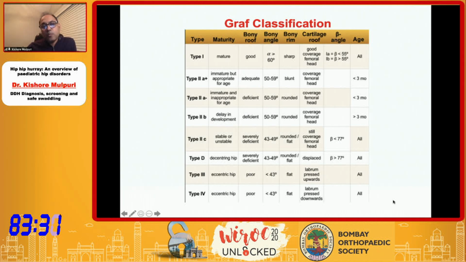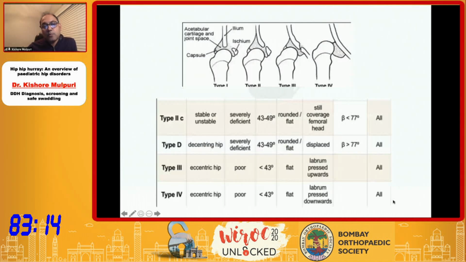You can go from type 1 all the way up to type 4. Type 2 is again subdivided based on what degree of bony roof, bony angle, bony rim, and cartilage roof you're looking at. And what we deal with is type 2C or D, and 3 and 4, which are really issues that we often have to treat and pay attention to. The rest of them can be a mild dysplasia, often watched by a lot of people.